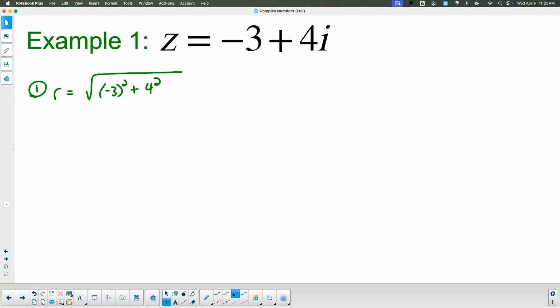Okay? -3 squared, 9. 4 squared, 16. 9 plus 16, 25. Square root of 25, 5. So we got an r value here of 5.